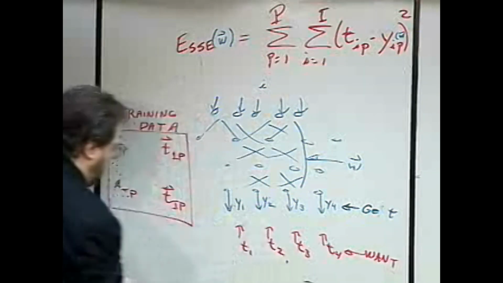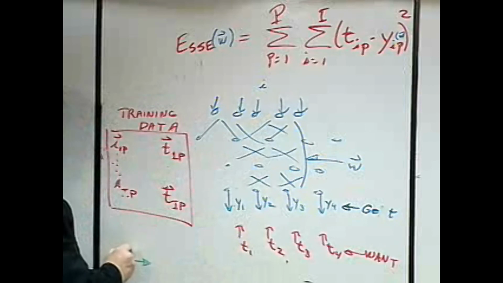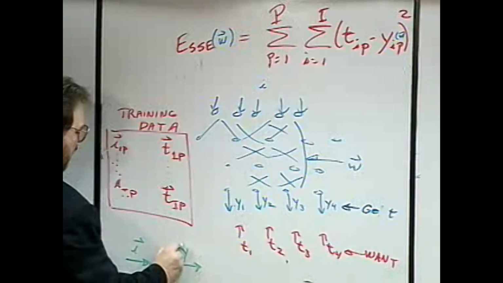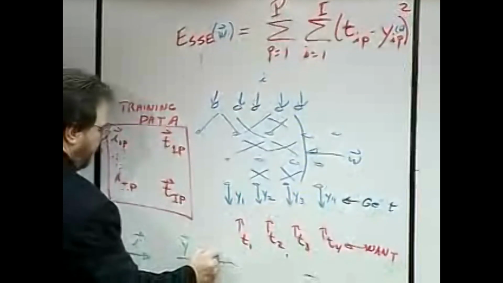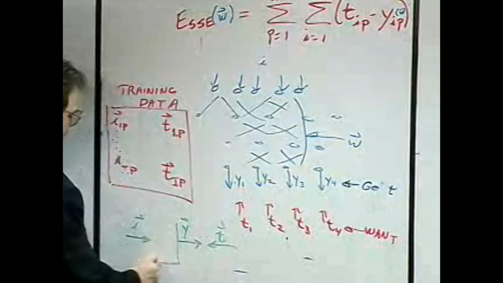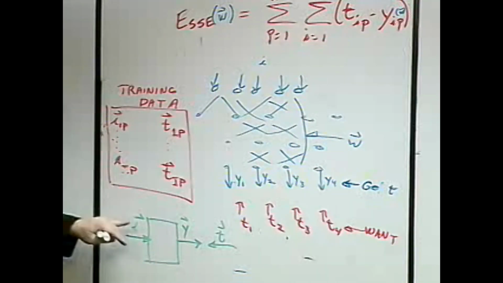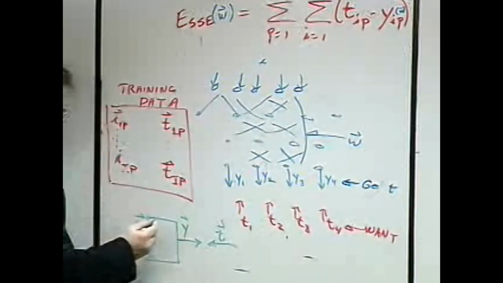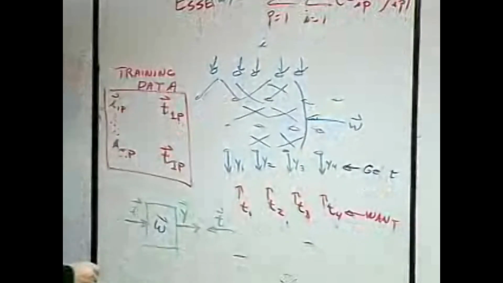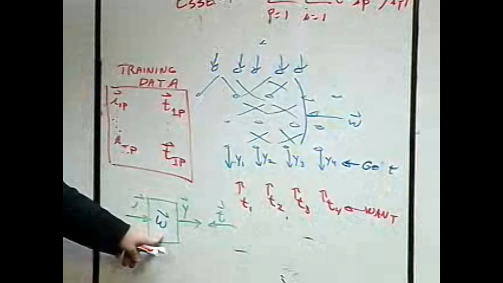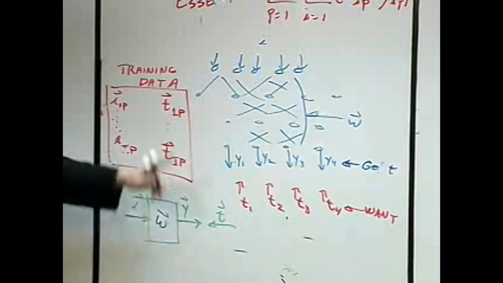We have an input, we have an output, which is y, and we have a target vector, and we have in here a bunch of things we can wiggle. I don't care what it is in there. You can put anything you want in here, but the parameters of this system, that is things we can tune, correspond to this W vector.